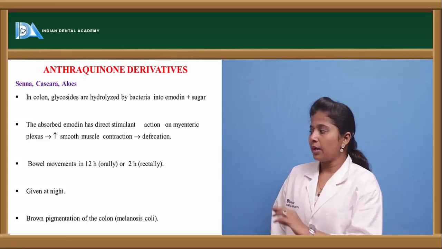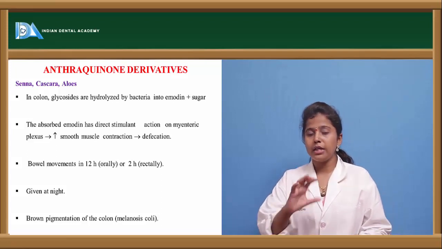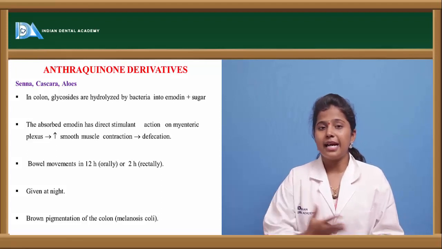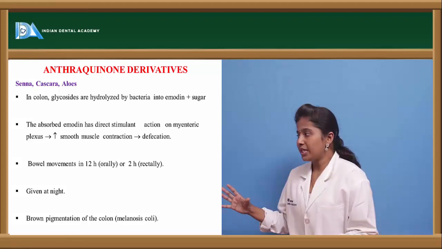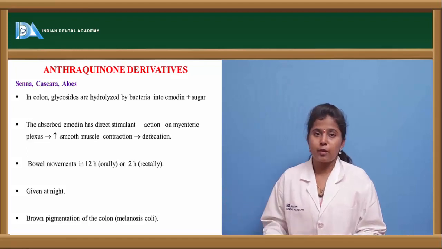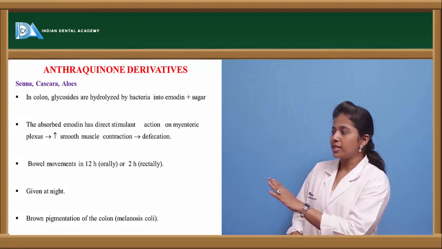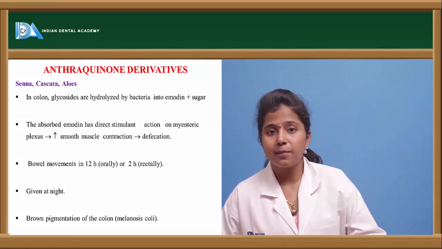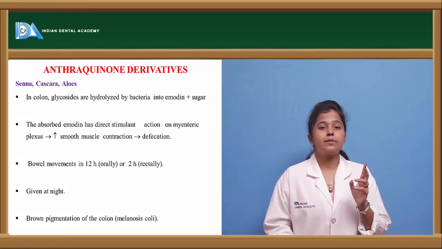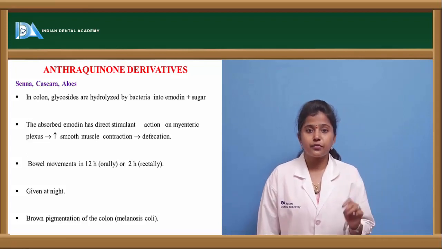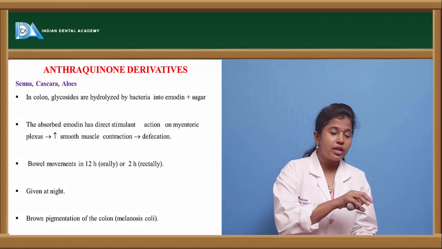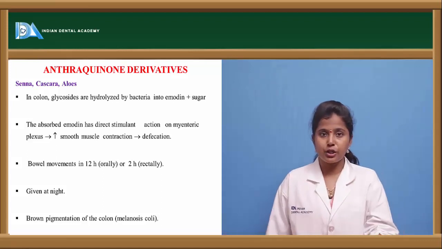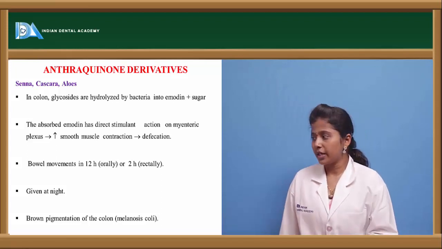Because of bacteria, the glycosides get dissociated, so these sugars will be eliminated as such from the body, and once emodin gets absorbed, it directly acts on the myenteric plexus. As I told you, the myenteric plexus works through reflexes, and thereby contraction or relaxation of the smooth muscle takes place. So emodin directly stimulates the myenteric plexus, thereby increasing smooth muscle contraction, and it can show purgative effect.